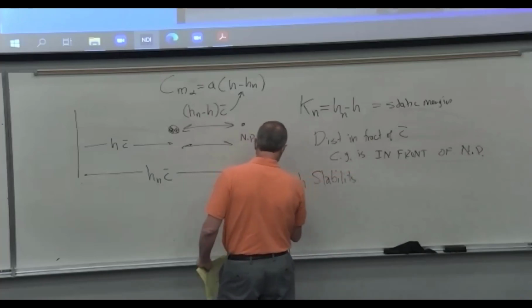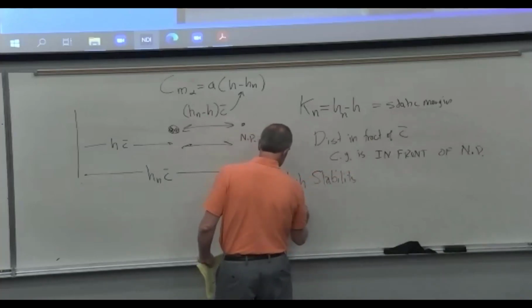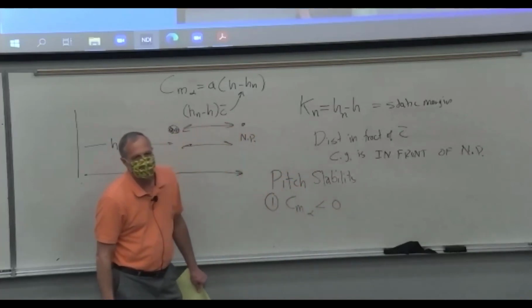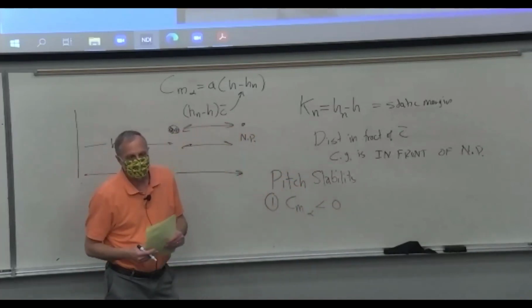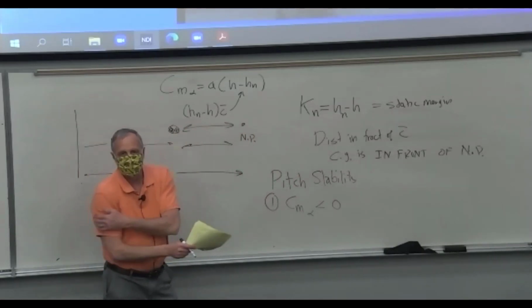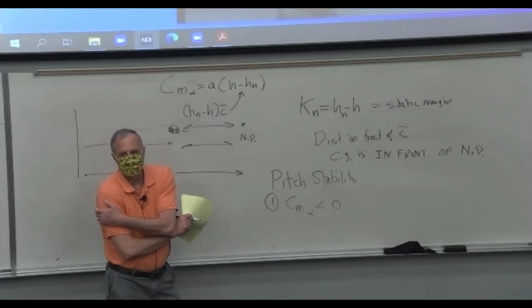The number one fundamental one is that Cm alpha is negative, because that's saying if alpha increases due to a disturbance, we get a negative pitching moment to restore it back. And that goes back to the fundamental definition of stability.